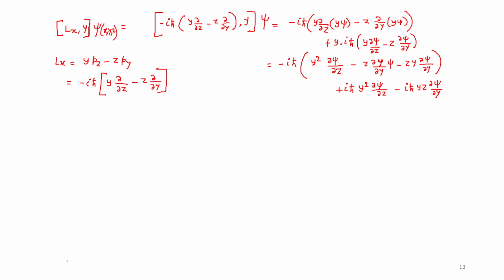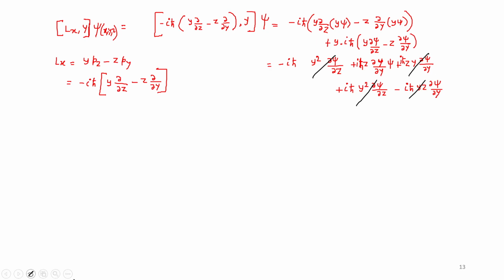So if I remove this bracket, then I need to multiply the minus i h cut to everything. That will become plus i h cut, and you can see the y square del psi terms cancel out, and the y z, z y terms are going to cancel out.